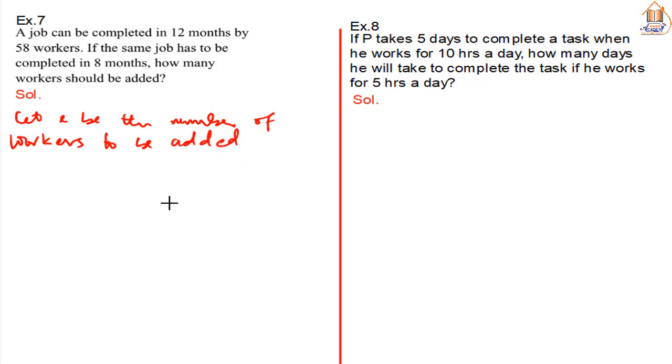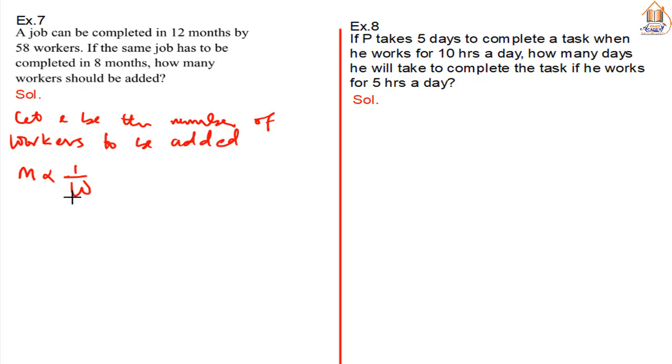From the question, we can represent the months as m and the workers as w. Actually, the month is the time. Now we know that the time is constant here, so we can say that m varies inversely as w.